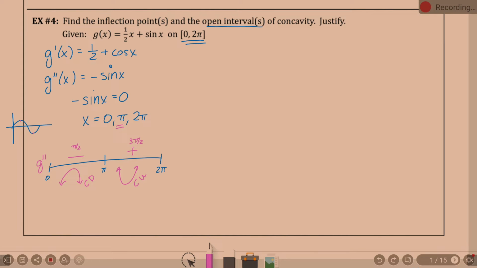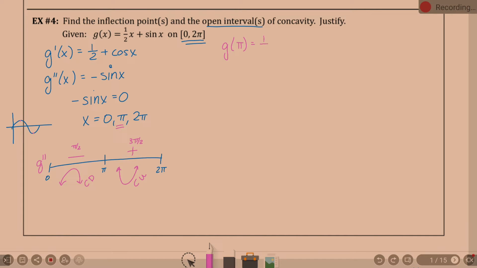Got it. Okay, now what do we need? Find the inflection points. Do we have an inflection point? Yes, because concavity changes at pi, right? If it wants us to know the point, we do need to find what g of pi is. When you're trying to find the actual point, you're plugging back into the original problem.